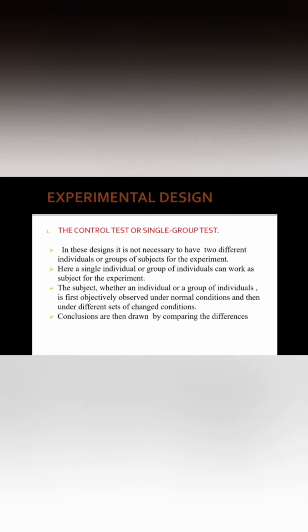First one is the control test or single group test. In these designs, it is not necessary to have two different individuals or groups of subjects for the experiment. Here a single individual or a group of individuals can work as subject for the experiment.